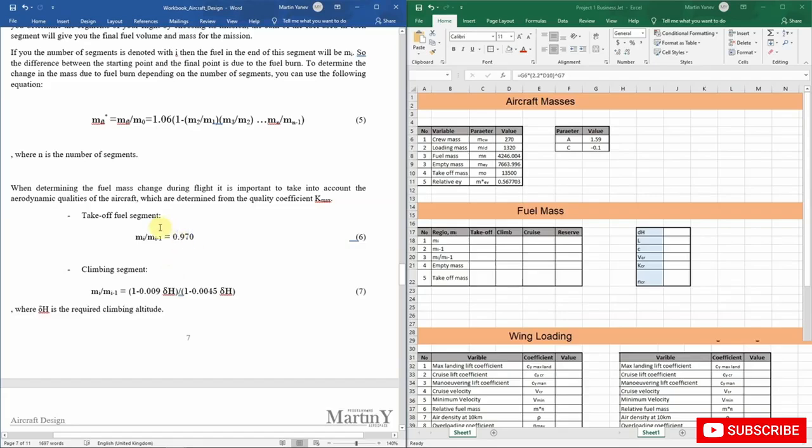and you can see that the first thing we can estimate is the takeoff fuel segment. So what we have here is that usually the fuel takeoff segment has a relative mass of 0.97, or 97% of the mass is left after you complete this segment. Okay, so this means that for the takeoff segment we have 0.97 as our fuel ratio.